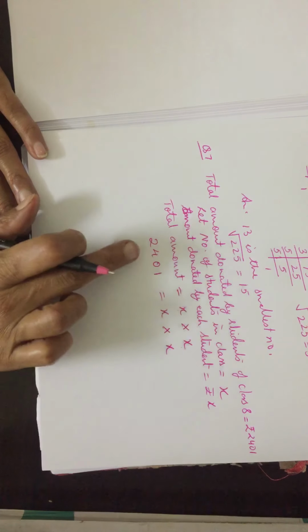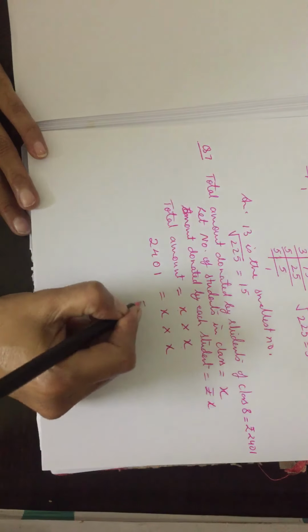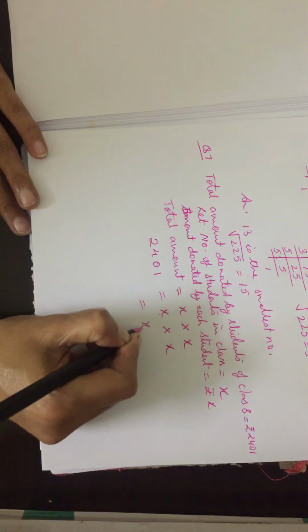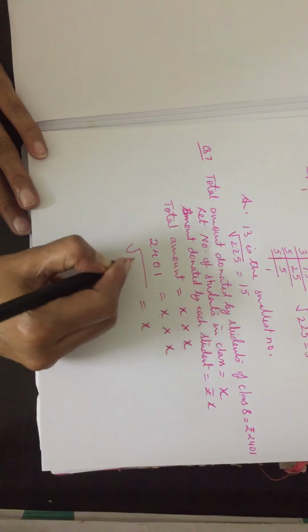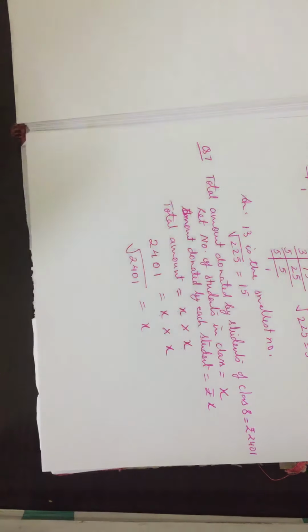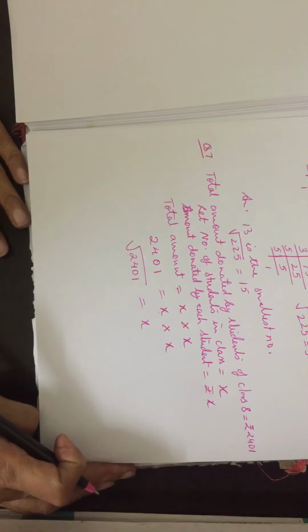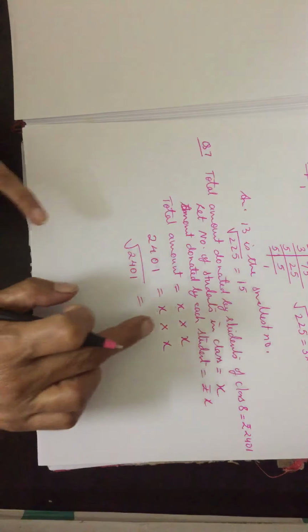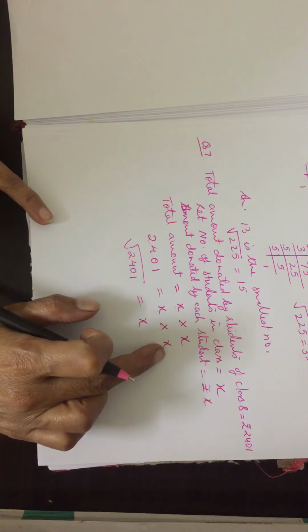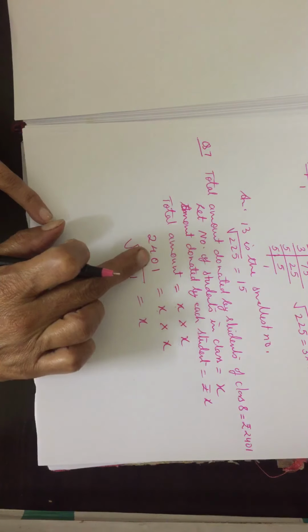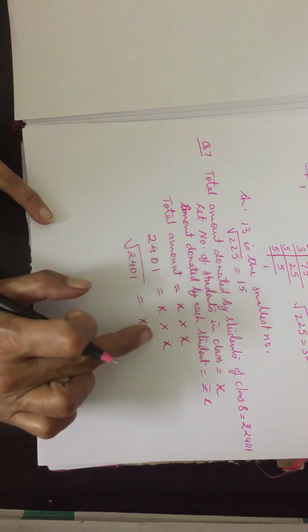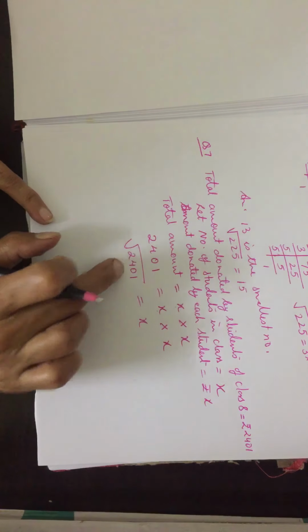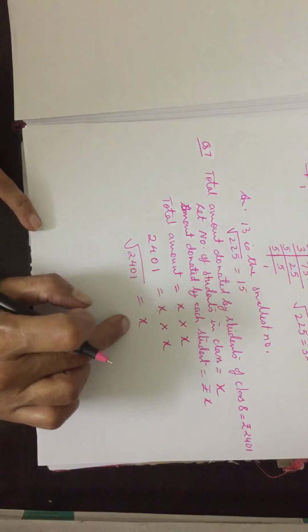So how many students are there? We only want to find the value of X. In this case, X will be equal to the square root of 2401. We know that when a number is multiplied by itself, the square root of the product will be equal to the number.